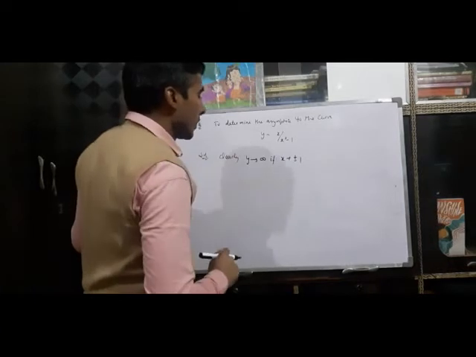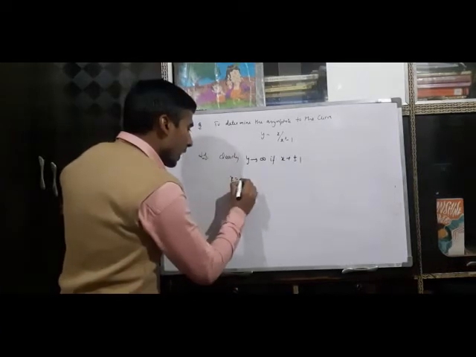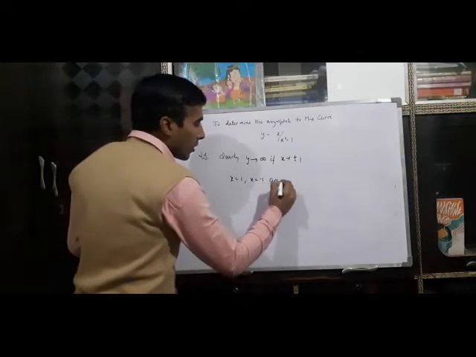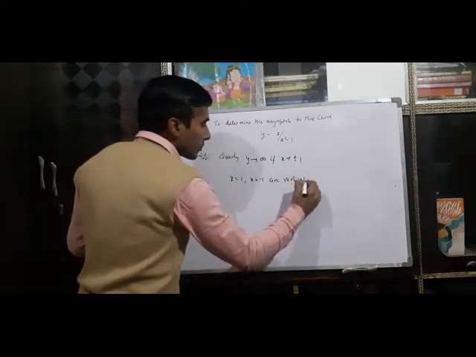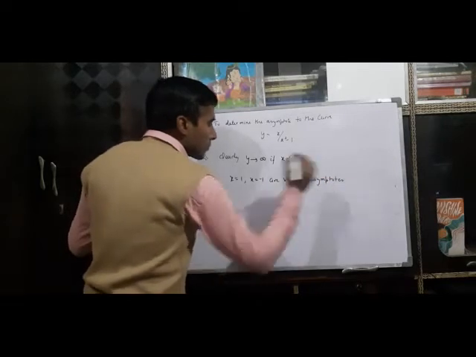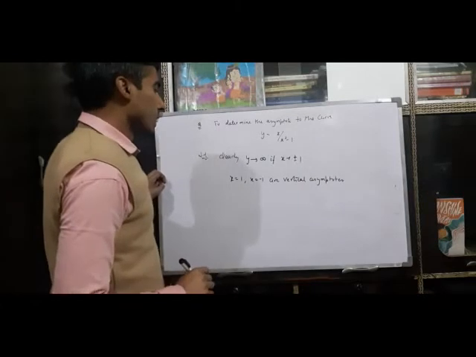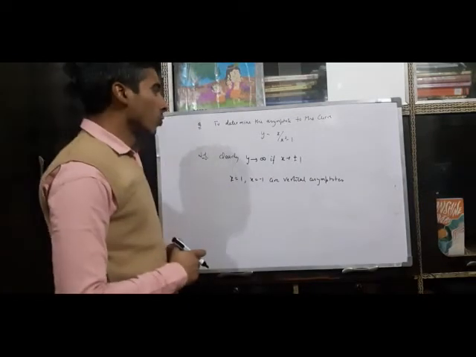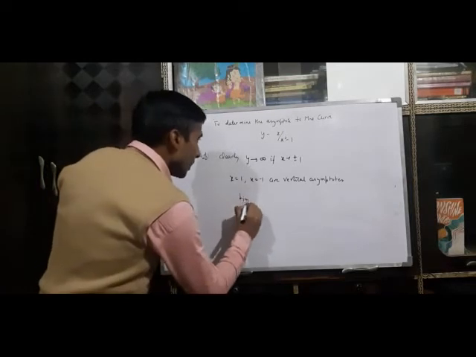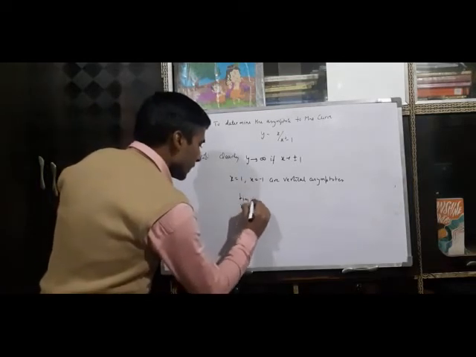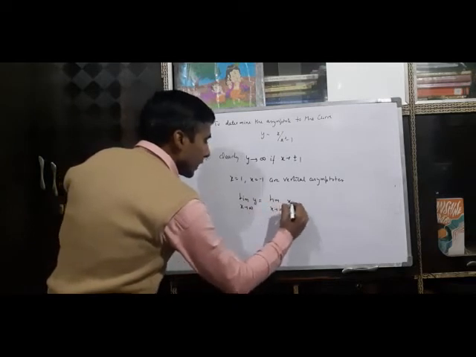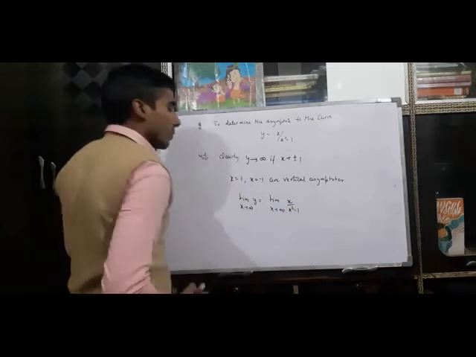Therefore, by the definition, x equal to 1 and x equal to minus 1 are vertical asymptotes to the given curve, or you can say these are the asymptotes parallel to the y-axis. Also, consider the limit as x tends to infinity of x upon x square minus 1.